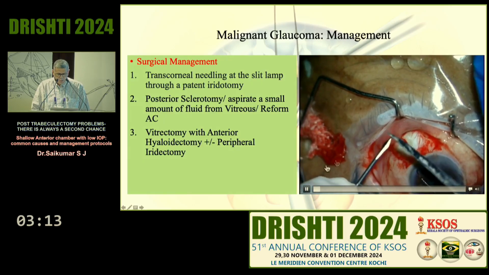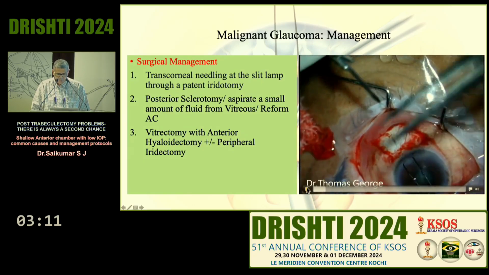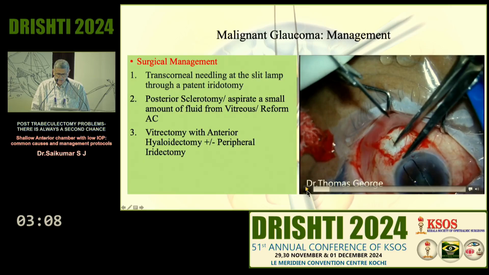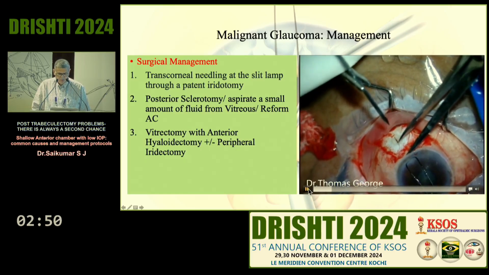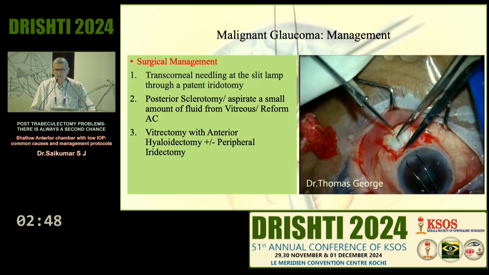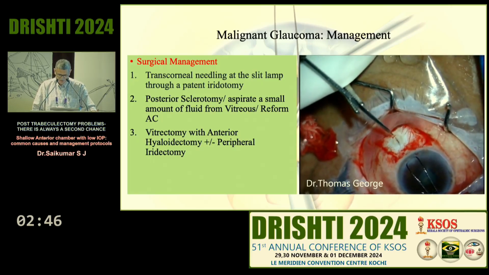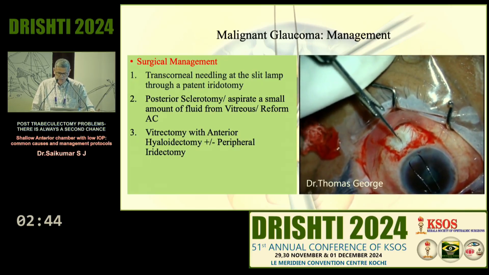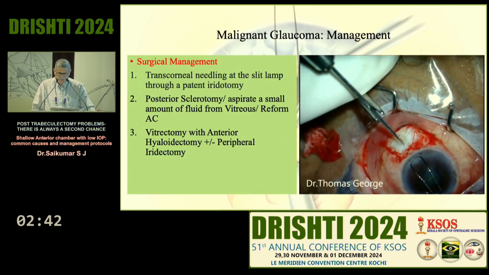This is a video given by TG. So this is his technique, where you do a Chandler's technique, which is the 3-step procedure. First you check for the pupillary block and make sure it is patent, and then you do a posterior sclerotomy to look for a mild choroidal, and if both are not there, then just go into the vitreous cavity and let out some fluid.